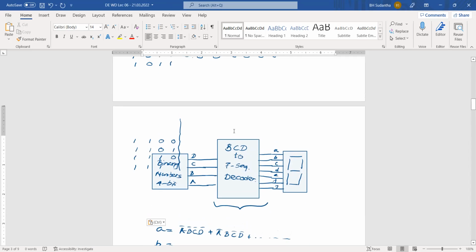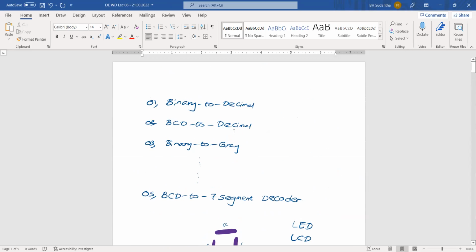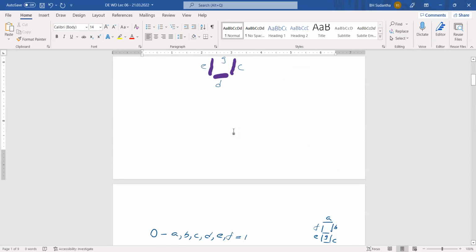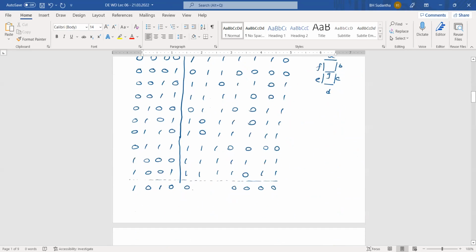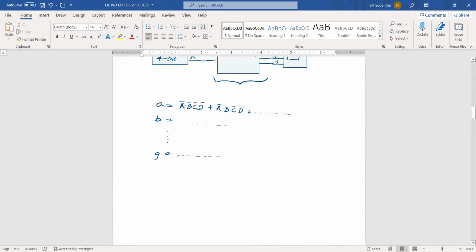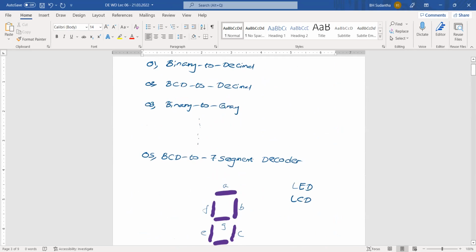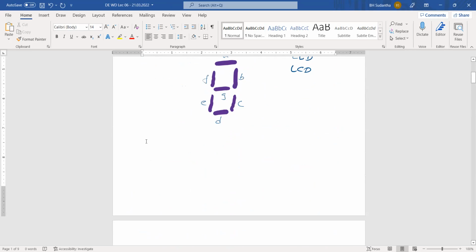Okay, any question? Any question regarding these sections?